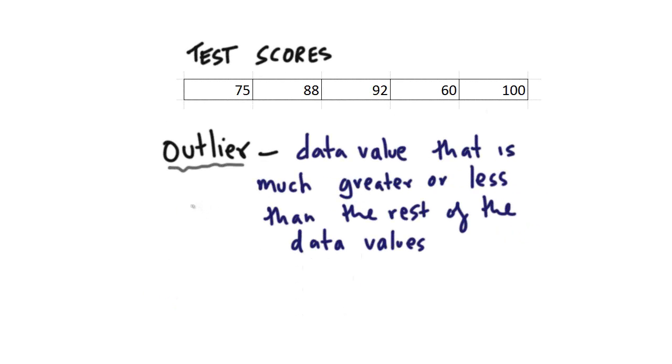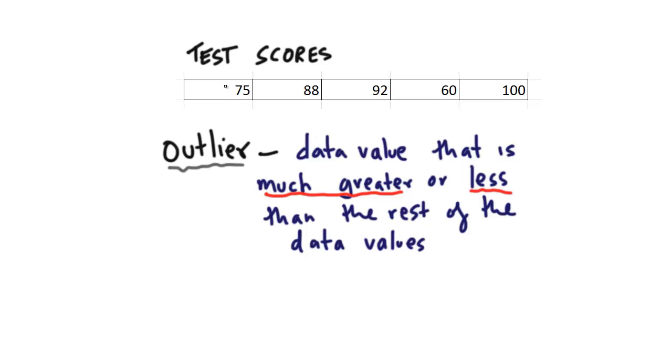Another concept that we'll look at, which is important when we look at the mean and the median, is the outlier. Now the outlier is referred to as the data value that is either much greater or much less than the rest of the data values, right?